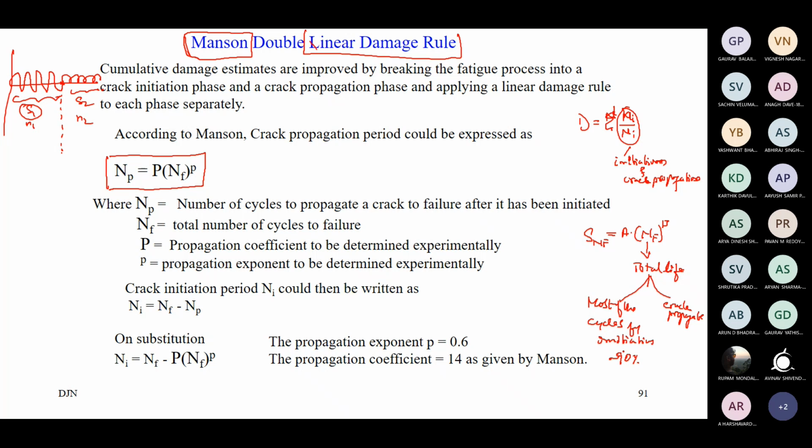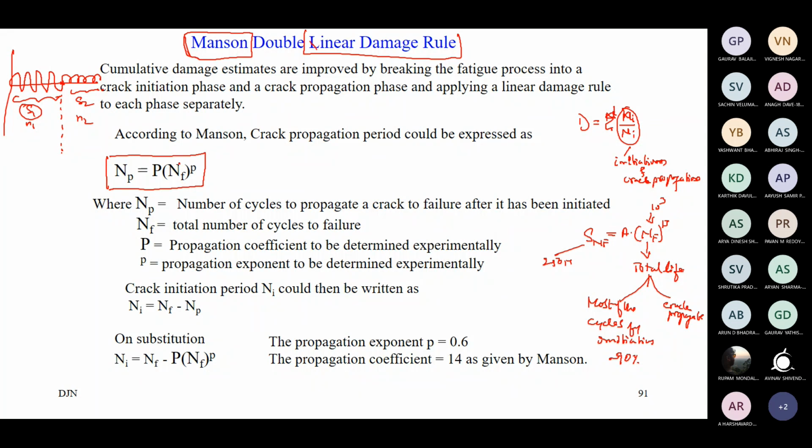Suppose you have found that for a defined stress amplitude, let us take some 250 Newton, the component is going to give you a life of 10 to the power 3 or 1000 cycles. In that case, 900 cycles approximately will go for crack initiation, and the remaining 100 cycles will go for crack propagation.